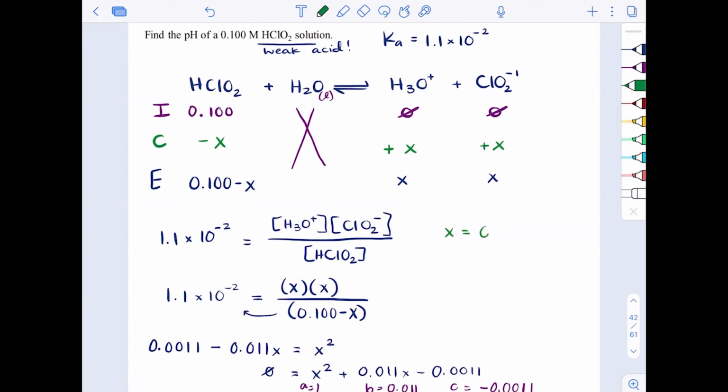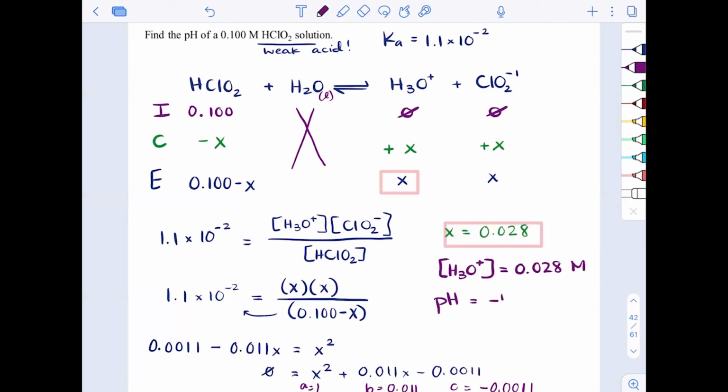the valid x is 0.028. Since x represents our H3O plus concentration, that is the only value that we really would be interested in, the H3O plus concentration, because remember, that will determine pH. pH is equal to the negative log of that concentration.